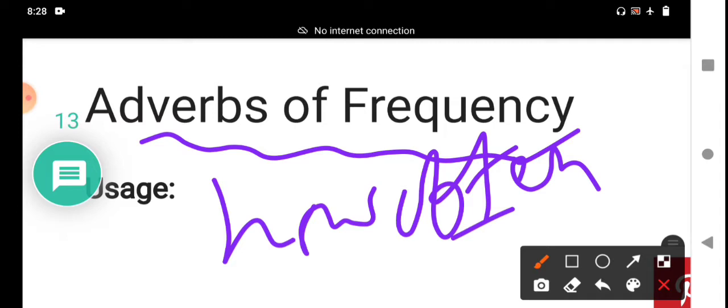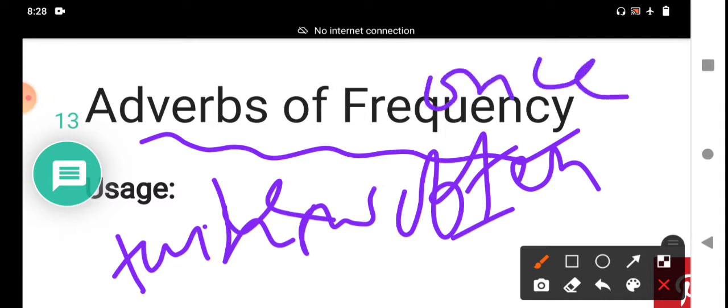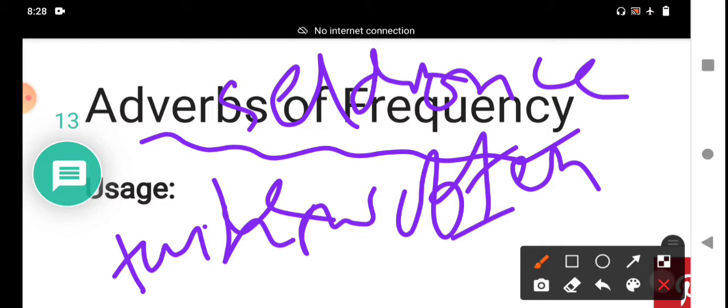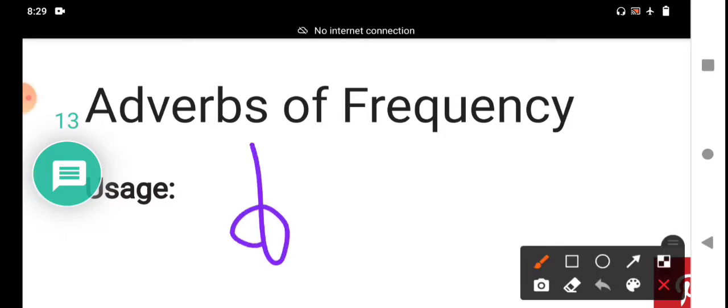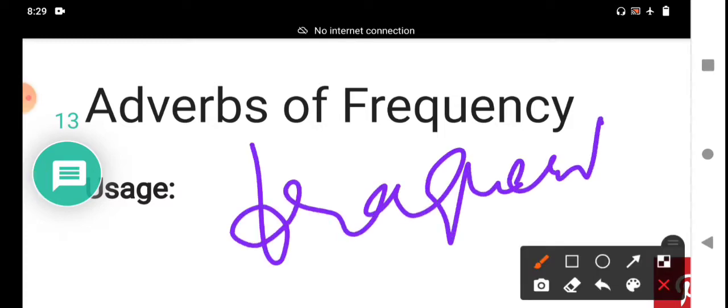For example, twice, often, once, seldom, again, always, frequently.